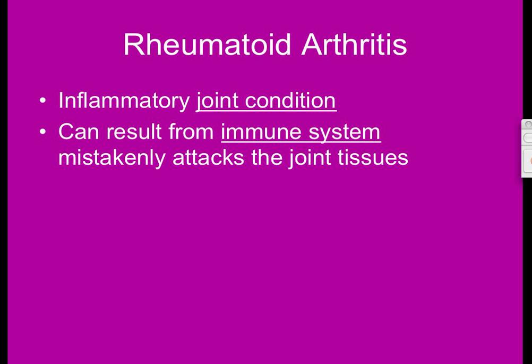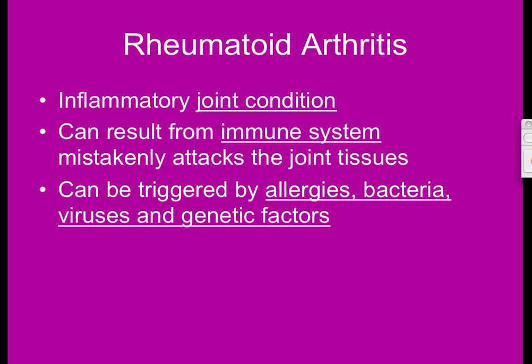Normally the immune system attacks bad things like bacteria or viruses, but sometimes it overreacts, like when we get an allergy. And in this case, it overreacts and actually starts attacking our healthy tissue. So some of these things that normally trigger the immune system can also trigger an attack of rheumatoid arthritis.